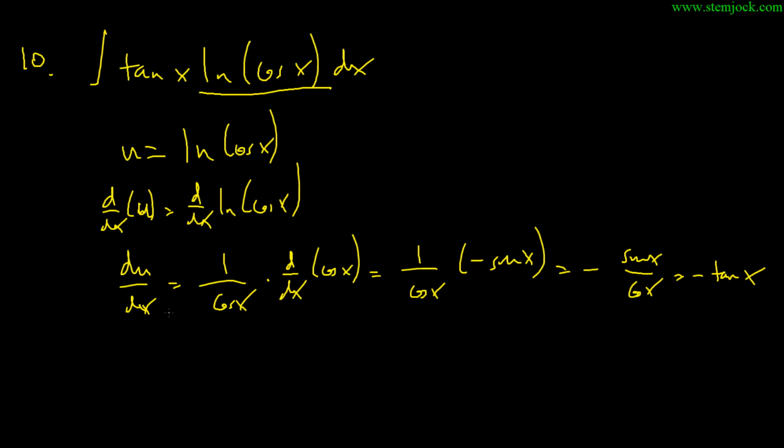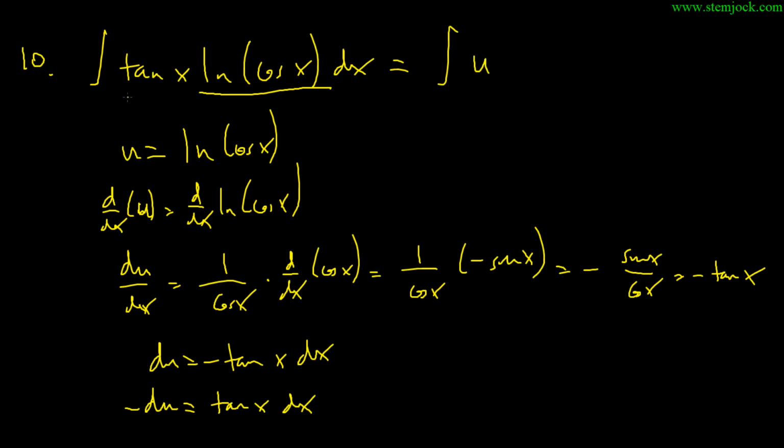And if I multiply both sides by dx, I get du equals negative tangent x dx. But I don't have a minus sign in this integrand, so I multiply both sides by -1. So negative du will replace tangent x dx in this integrand here. So this is equal to the integral, and u is going to be all of this, and the tangent x dx will be replaced with negative du.